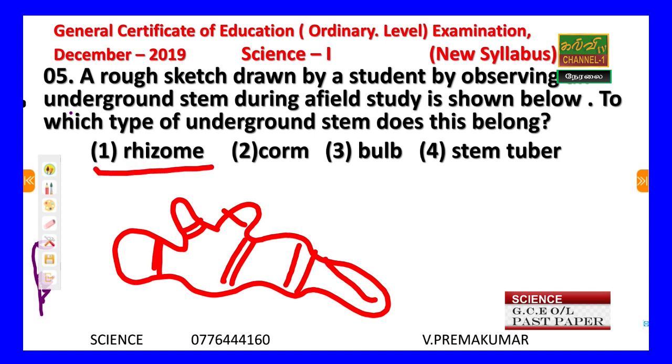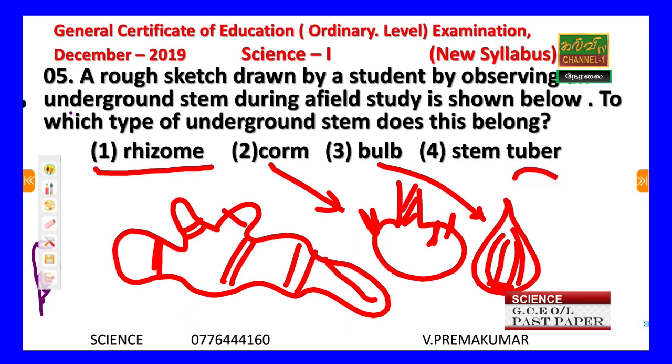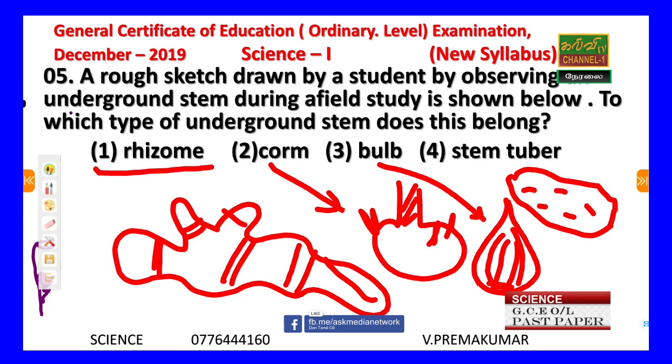Corm means a corm like this, for example colocasia, banana. Bulb means onions. Stem tuber is potato. Potato also has small eye areas, so it can develop a new plant.